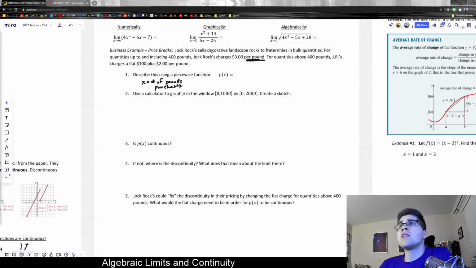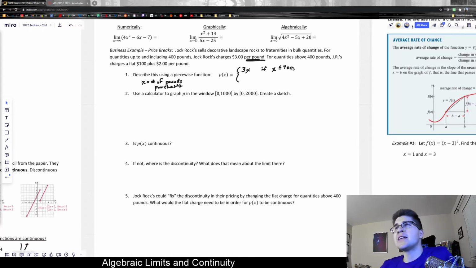They're going to charge $3 per pound, or basically $3 times X. The more they buy, the more they pay, at $3 per pound. So that's the first part of our piecewise function, the first branch, 3X. Say they buy 100 pounds, they're going to pay $300, represented by 3 times 100. But that's only the case if X remains less than or equal to 400 pounds.